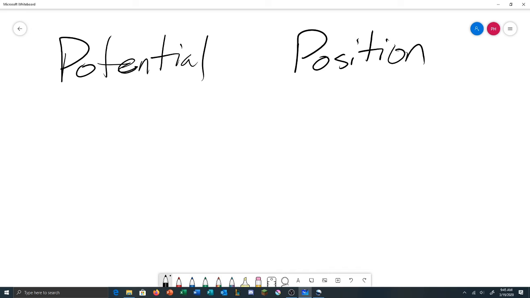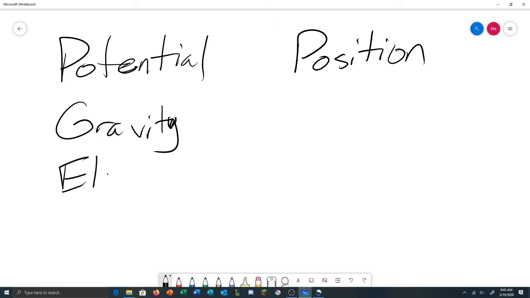Potential energy can be caused by things like gravity. That's a Y. Gravity. It could happen based off of elasticity, like a rubber band. It could happen based off of a spring.